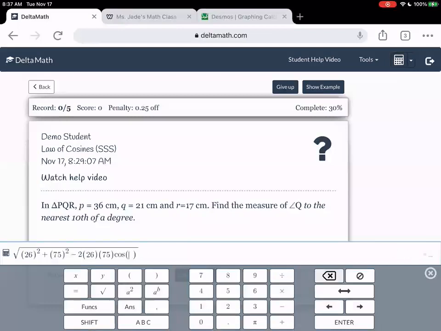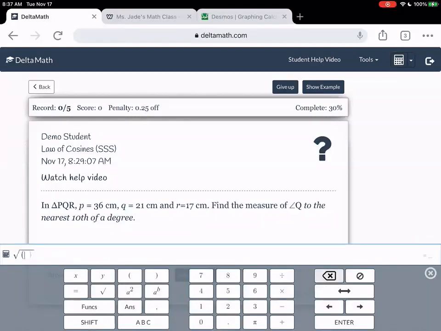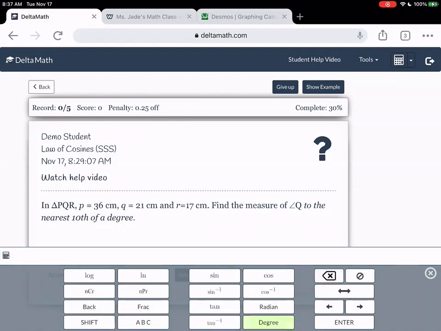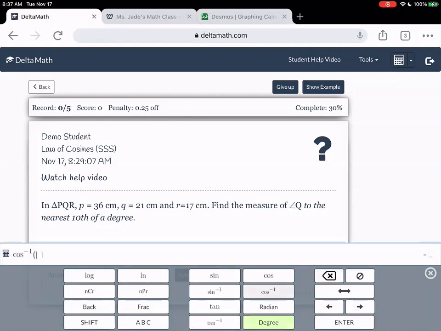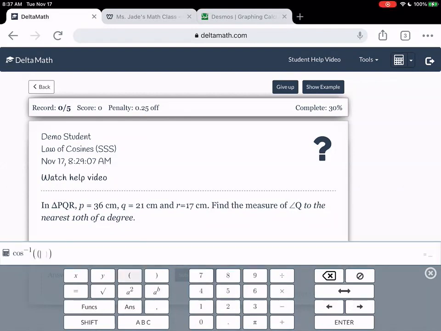Calculator out, delete all of that. All of it. Is there a faster way to do that? Okay, so we're going to do cosine inverse, and then we're going to type that giant chunk of a thing. 21 squared.